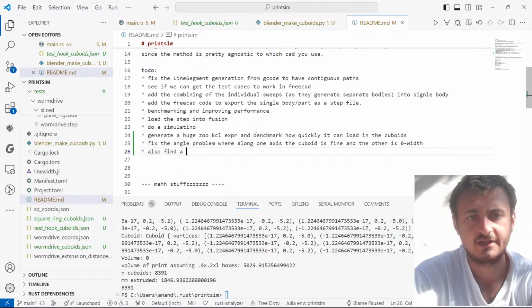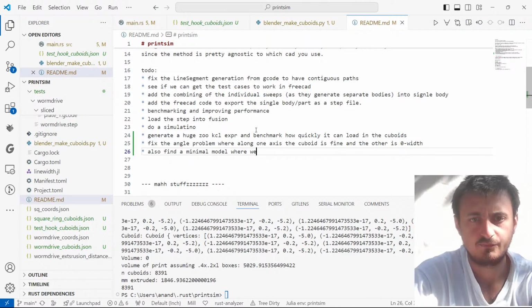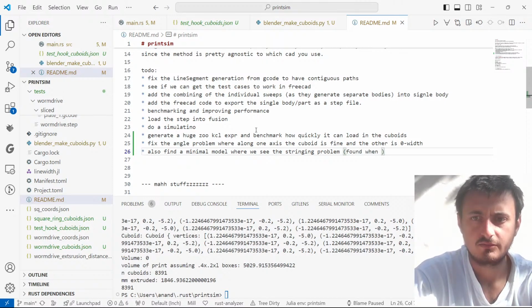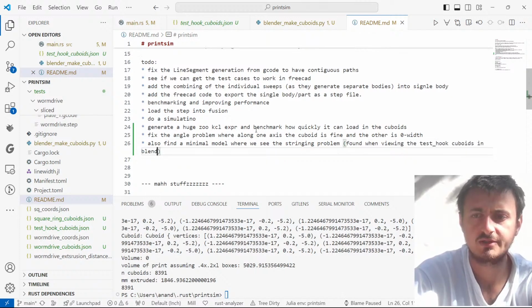Also find a minimal model where we see the stringing problem found when viewing the hook test hook cuboids in Blender.